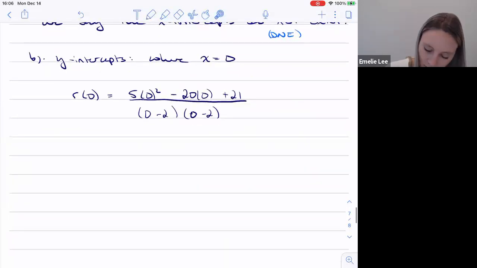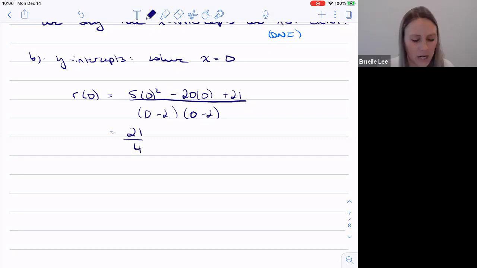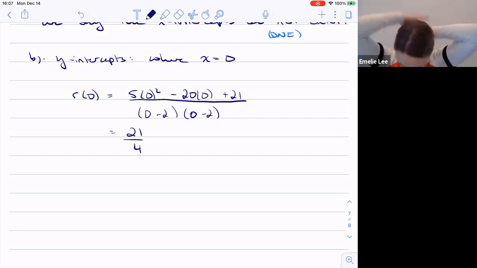Oh, 5 times 0 minus 20 times 0 is 0. So 21 divided by negative 2 times negative 2 is 4. I'll try it, but I don't think it simplifies to anything. It doesn't, so I'll just leave it as 21 over 4. You're going to try to leave your answers in exact form unless I tell you to round. So you're just going to leave it as 21 over 4.